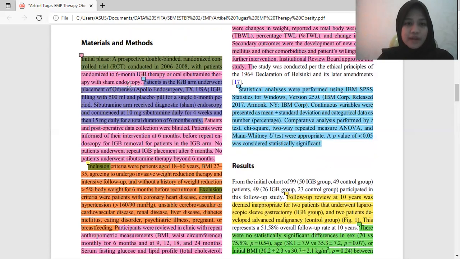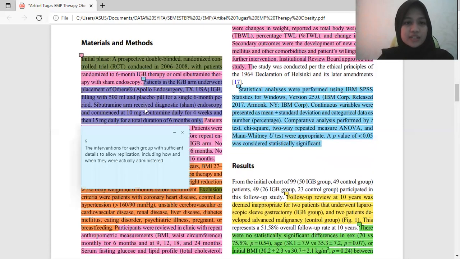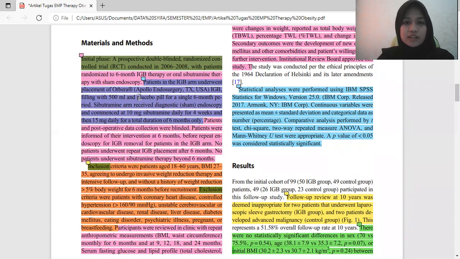Next is number 5. The number 5 is the intervention for each group with sufficient details to allow replication, including how and when they were actually administered. So we can see in these materials and methods, patients in the IGB arm underwent placement of Orbera, Apollo, filling with 500 ml, and placed for a single 6-month period.